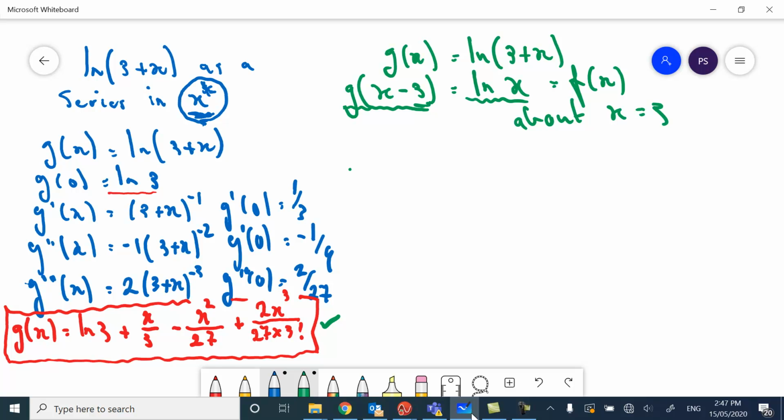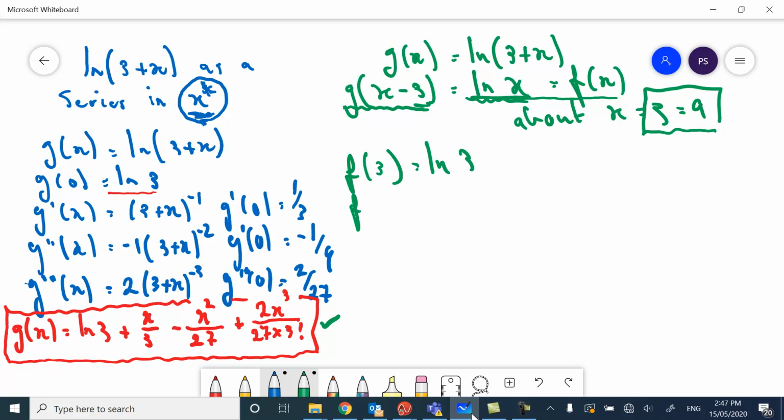So we've got f of x, so I'm using this here. So I've got f of a, in this case where that's 3. So that equals a also there. So I've got f of 3, which is just ln 3. Good. And then my first one is f dash x, which is equal to 1 on x, and so f dash 3 is a third.